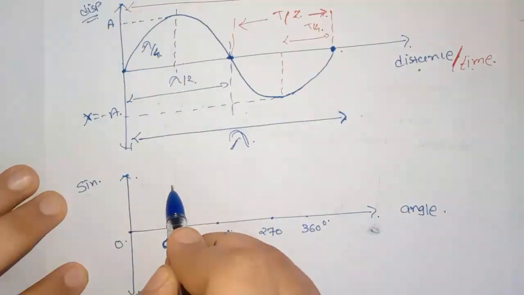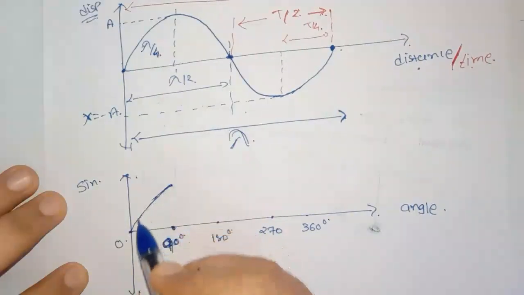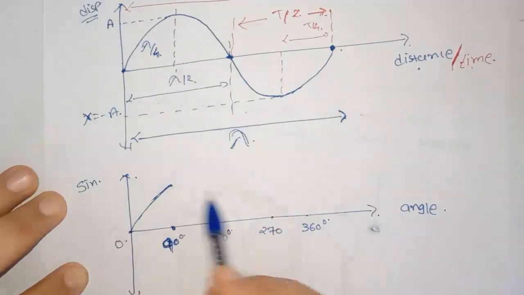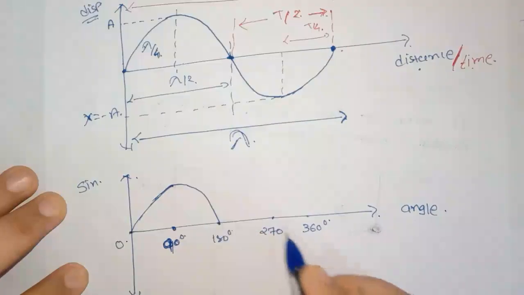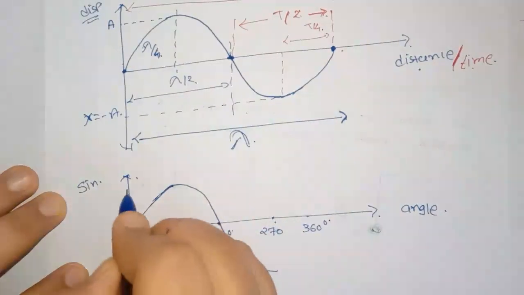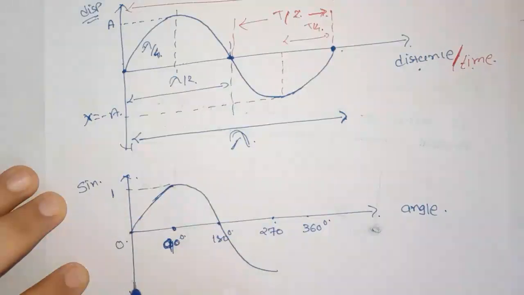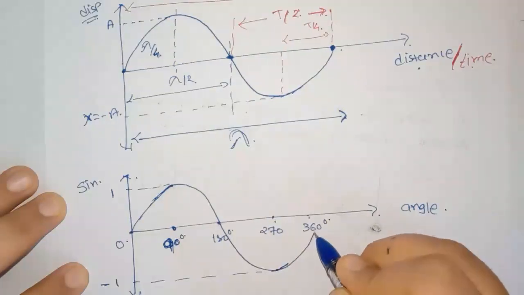Sine 90 is 1. It is not a linear function. Sine 180 is 0 again. Sine 270 is -1. And sine 360 is again 0.